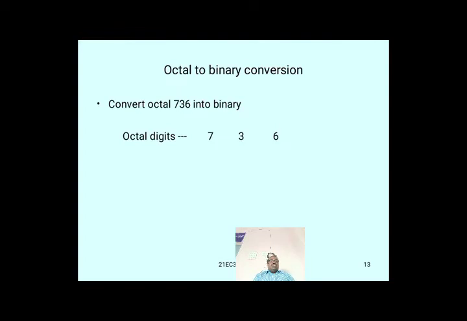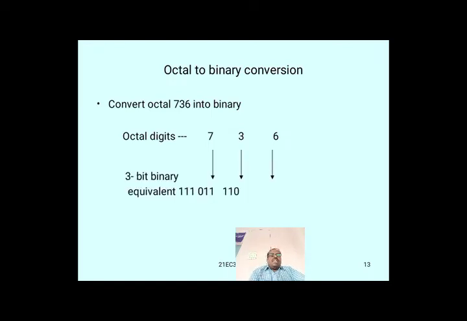0 is 0 0 0, 1 is 0 0 1, 2 is 0 1 0, 3 is 0 1 1, 4 is 1 0 0, 5 is 1 0 1, 6 is 1 1 0, 7 is 1 1 1. We are taking the corresponding values in this problem.